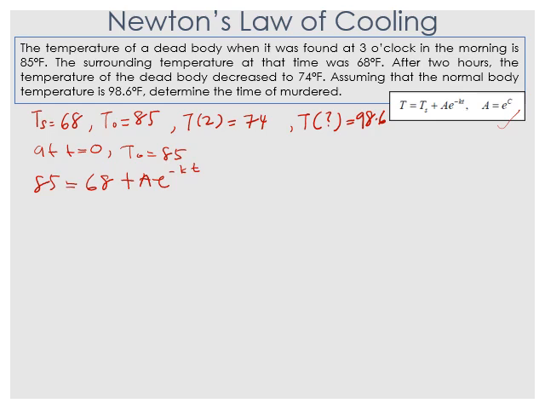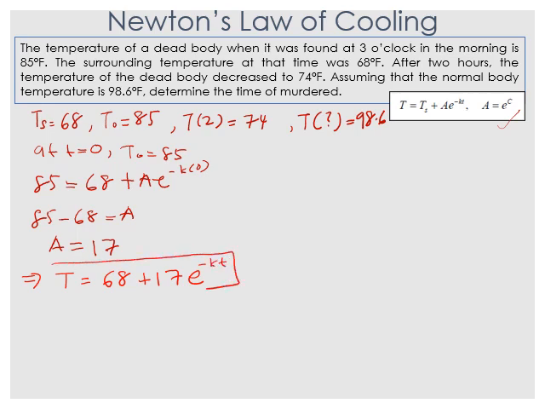So what do we get for A? It's 85 minus 68, since t is 0, equals A. So A must be equal to 17. Now the new equation becomes T equals Ts, which is 68, plus 17 exponent negative kt.